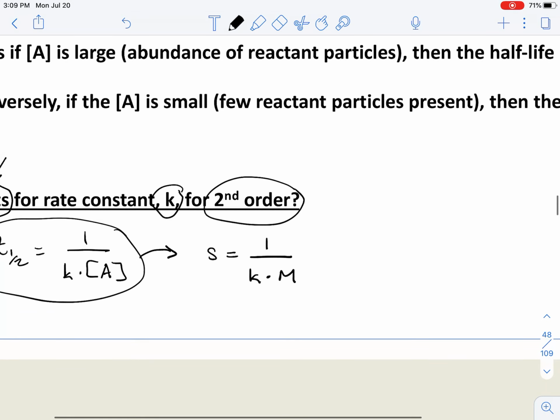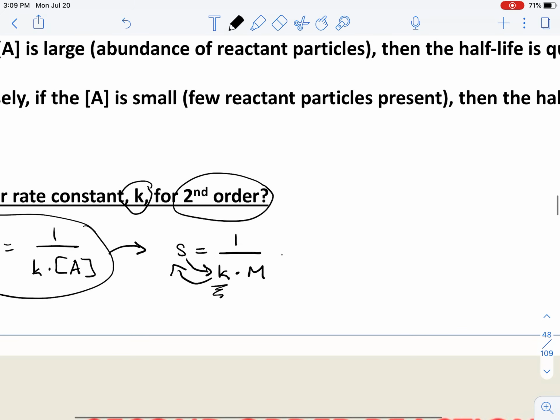And so if I wanted to solve for K, I'm basically going to multiply K to the other side and then divide by seconds. So I'm basically switching their positions. And so the unit for the rate constant K is going to equal 1 over molarity times second.